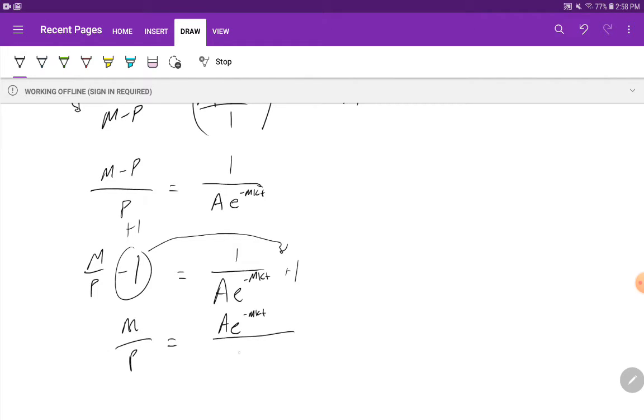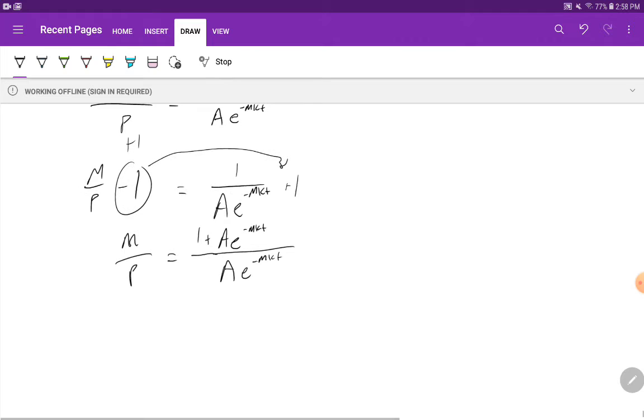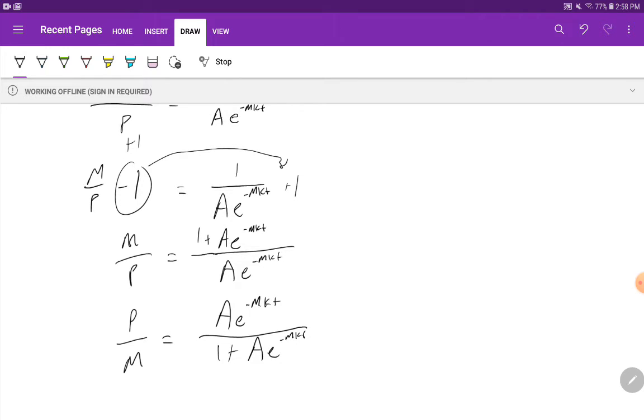I guess it would be plus 1 over a e to the negative mkt. And then what are we doing? We're solving for p, right? Yes, so you can flip everything again. Oh my gosh. p over m is equal to a e to the negative mkt over 1 plus a e to the negative mkt.